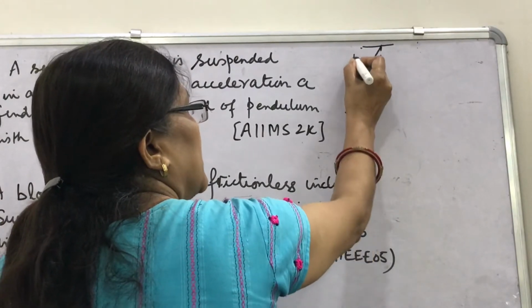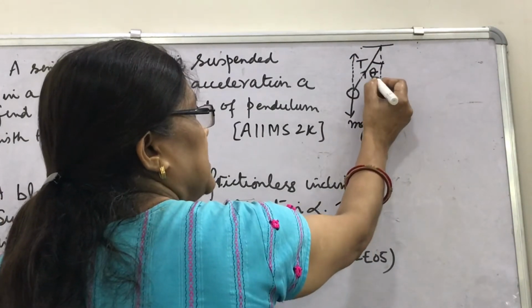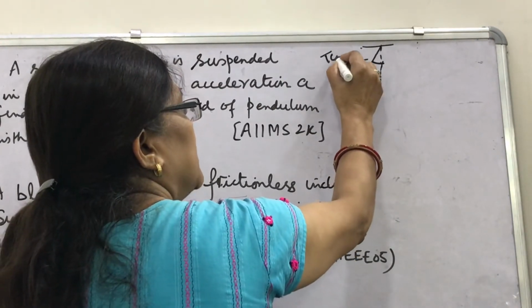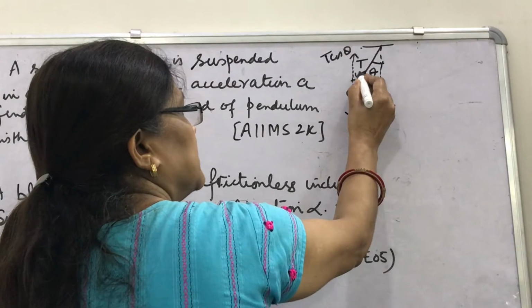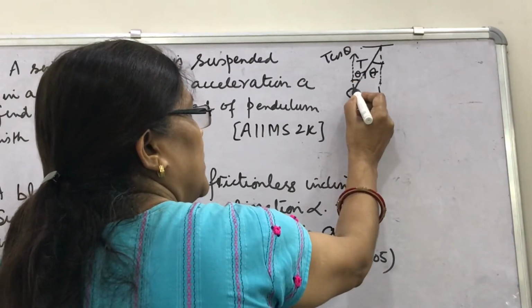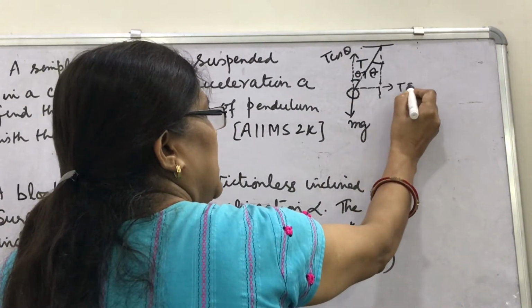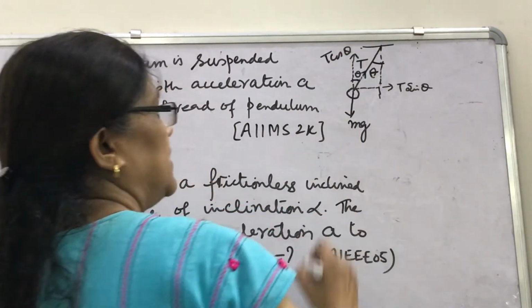If this angle is theta, then this will also be theta. What will be this component? T cos theta. And what about this? This will be T sin theta.